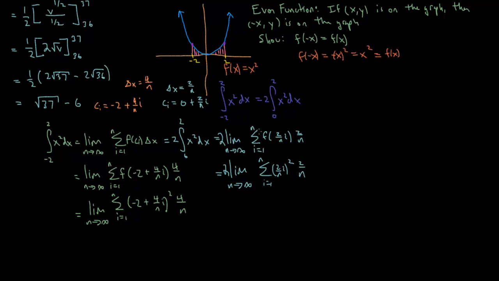I do this all the time whenever I see a Riemann sum from negative a to positive a. Because a Riemann sum where the lower limit is 0 is much easier to work with if you have a quadratic or a cubic or something like that. Much easier than if your leftmost endpoint, the lower limit of integration, is a different number.